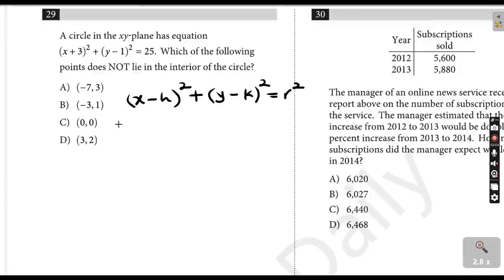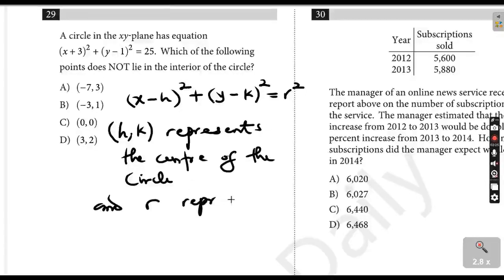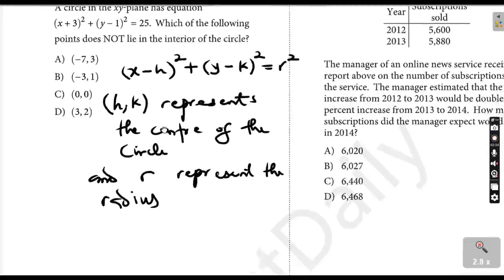From this equation, h, k represents the center of the circle, and r represents the radius.